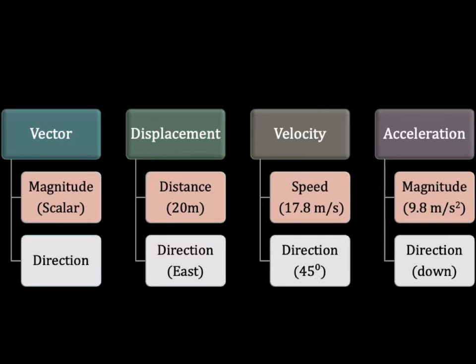And we're going to talk about the difference between those two terms later. And then it has a direction. Velocity, the magnitude of velocity is speed, something that we're probably familiar with. And then acceleration doesn't have a scalar component other than the measure. All acceleration measures are vectors.